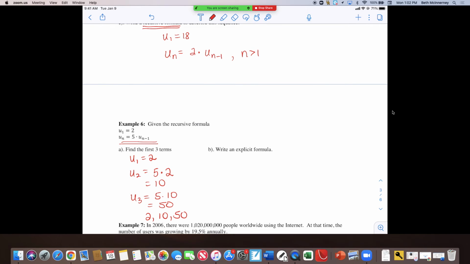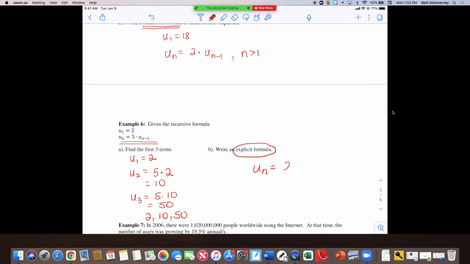So now, an explicit formula is the one you use in general. So what that means is, if I want the 100th term, I can't plug 100 into the recursive one unless I know the 99th one. And that would be a major pain to have to go out 99 terms to figure out the 100th. So explicit looks like this.